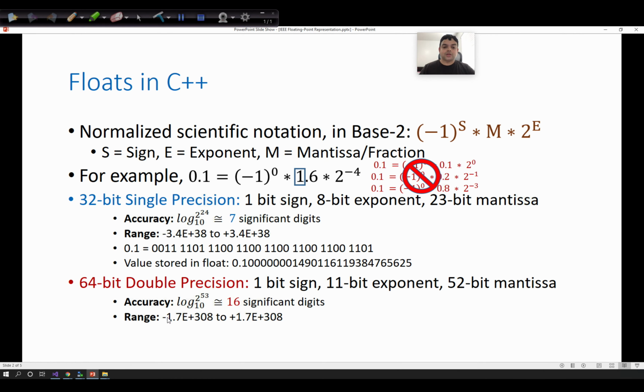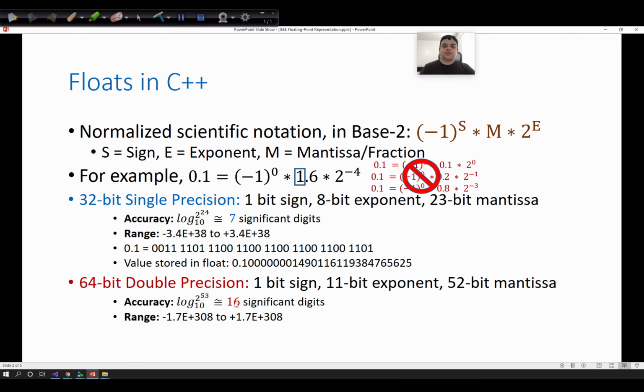The range is from minus 1.7 times 10^308 to plus 1.7 times 10^308. And notice also the accuracy is higher. 64-bit double precision floats are accurate up to 16 significant digits. The reason is that we have a 52-bit mantissa plus one fixed bit, so the precision is 53 bits. And converting that from binary to decimal, we see that it is accurate up to 16 decimal digits.